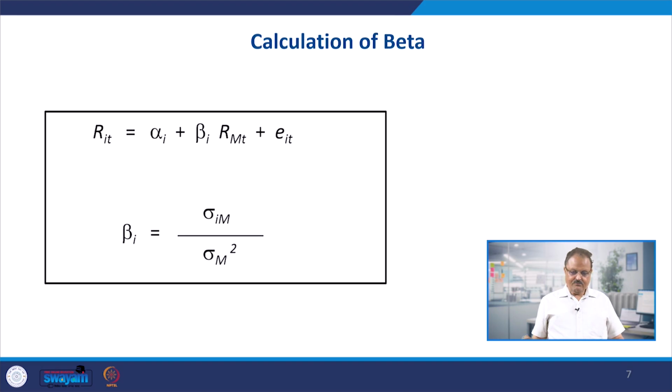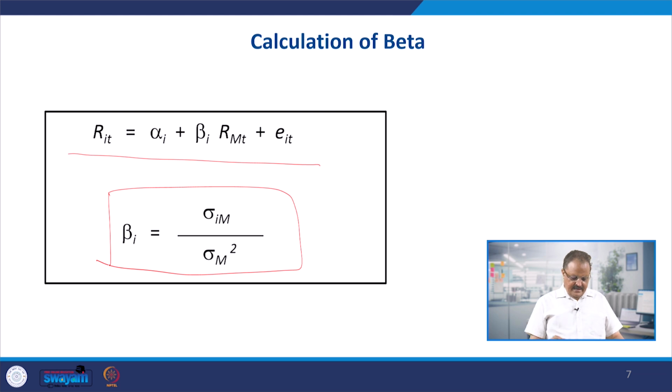And finally, while using this equation, it works out in this form. The numerator is the covariance of the return on the individual security and the market return, divided by the variance of the market return.